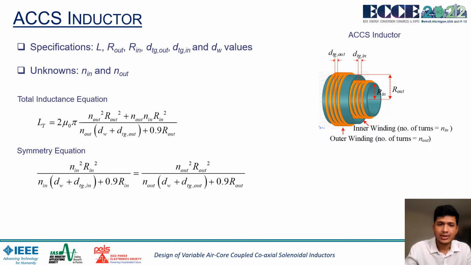The first equation is based on the total inductance, whereas the second equation is based on the symmetry, which ensures that the self-inductance of the inner turns is equal to the self-inductance of the outer turns. Once these two equations are simultaneously solved, an estimate of the number of turns can be obtained, which can then be used in FEM modeling to further iterate the design and get the final numbers.